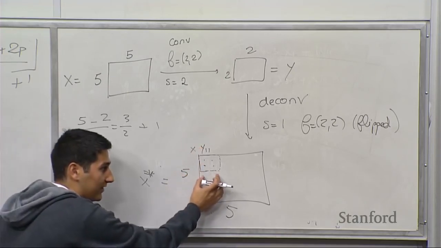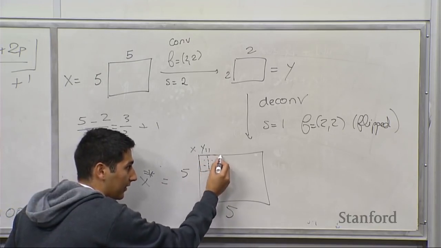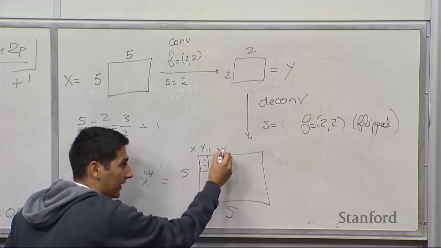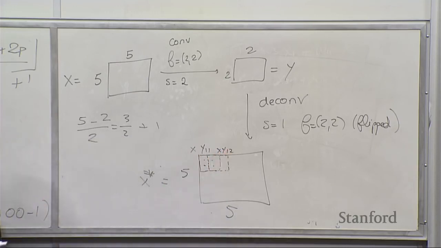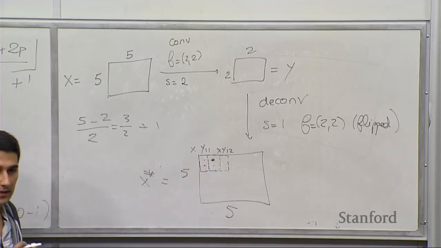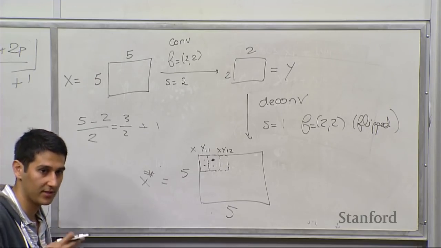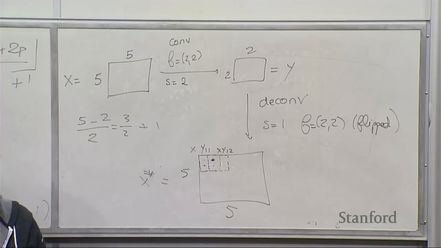Now, I will shift this with a stride of 1 and put my filter again here, and multiply all the entries by y12, and so on. You see that this entry has an overlap, so it will be updated at every step of the convolution. It's not like what happened in the forward pass. So this is the intuition behind the 2D deconvolution.